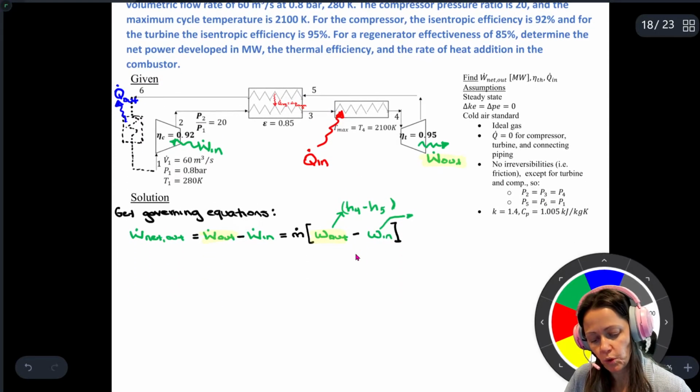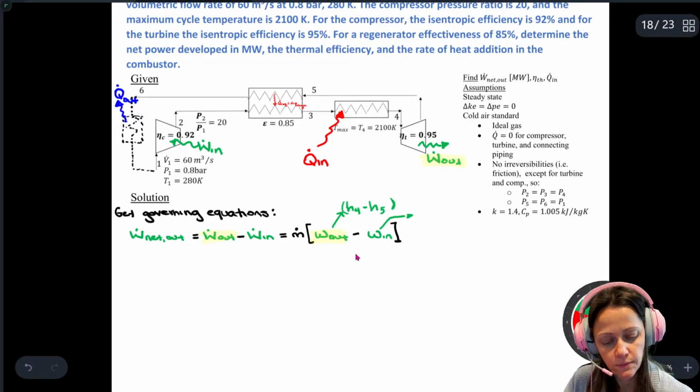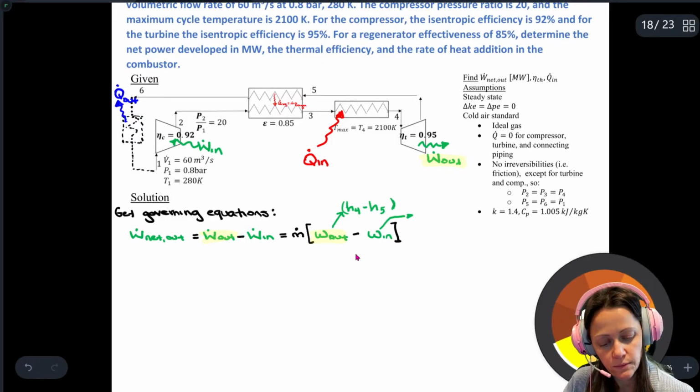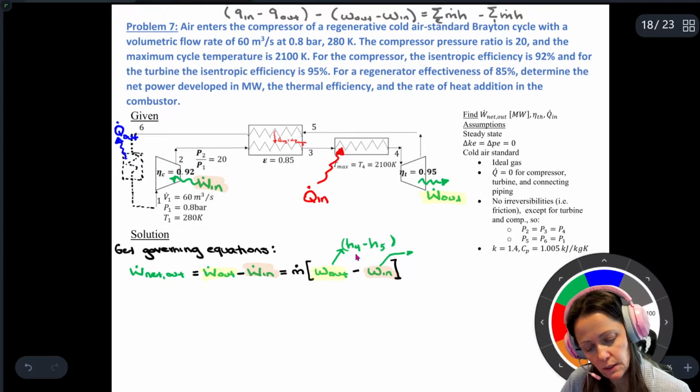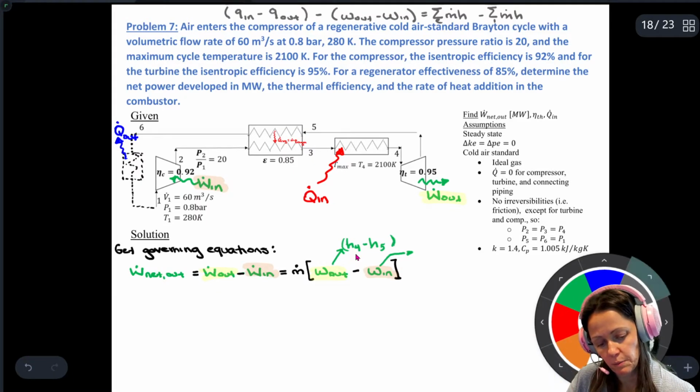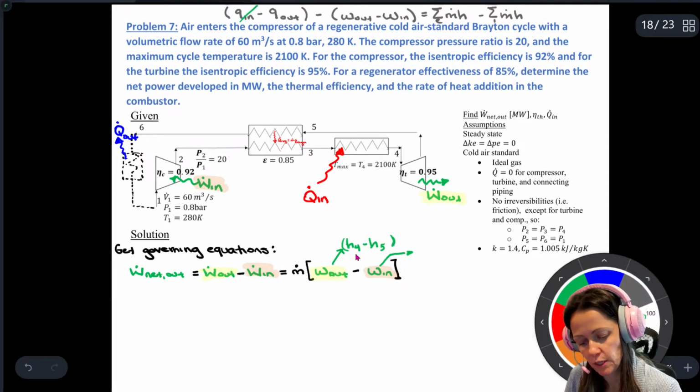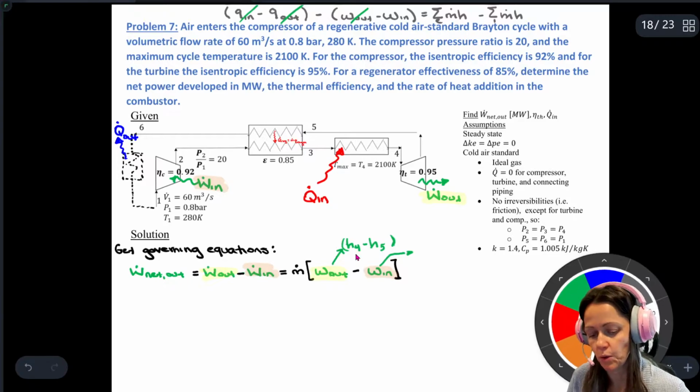And then the little work in, this guy right here. So if I'm looking at him, when I apply my first law, I don't have any q in, I don't have any q out. It's not a work out, it's a work in.